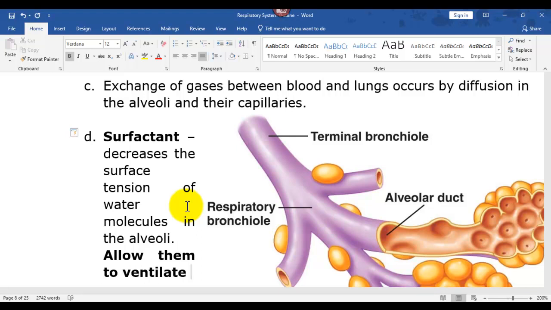So surfactant is a chemical that decreases the surface tension of water molecules in the alveoli.